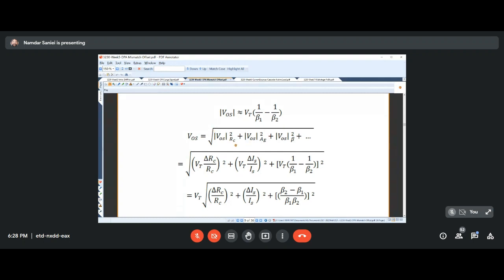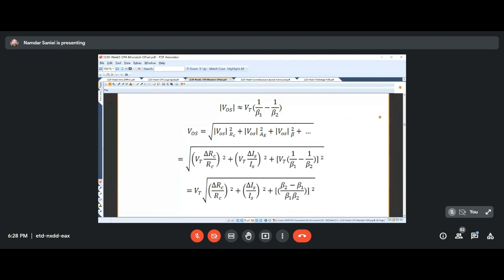This is how we add all the offsets at the input and come up with a lumped amount of offset voltage at the input, which goes through the differential gain and gives us a non-zero output.